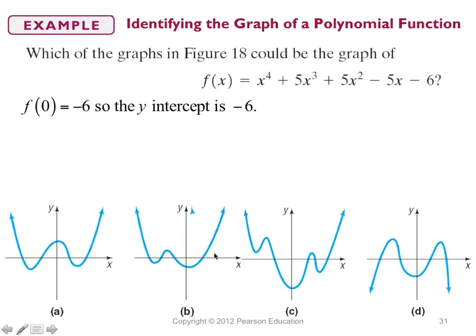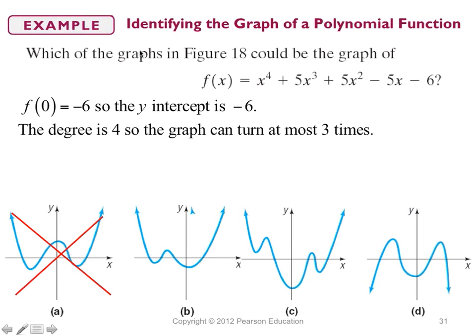And if you look at the actual graphs, this one has a negative y-intercept, this one has a negative y-intercept, and this one has a negative y-intercept. But graph A definitely has a positive y-intercept, so that one is certainly not going to work, so we can cross that one out.